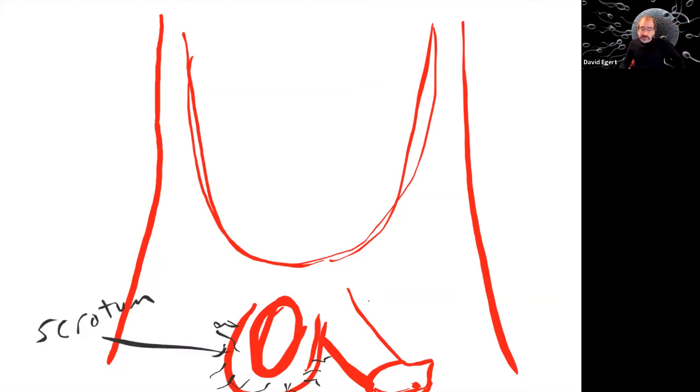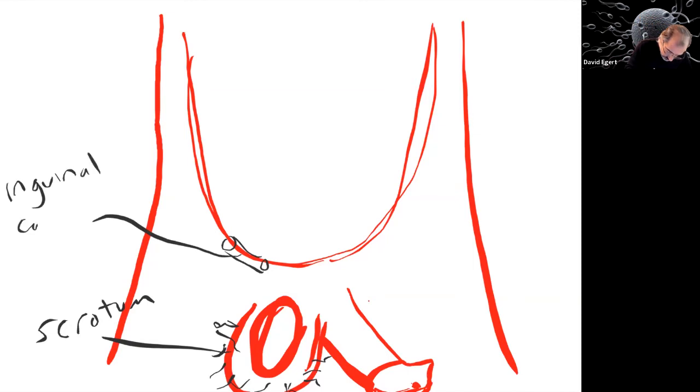One of the big differences between the testes and the ovaries is that the ovaries stay up in the pelvic cavity, this nice protected place. But the testes during development descend. There's a little tunnel called the inguinal canal, a little tunnel through your abdominal wall.